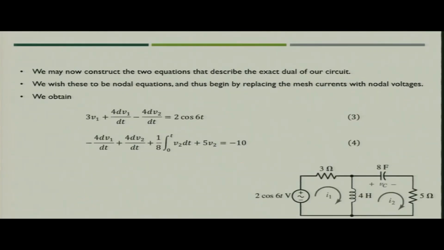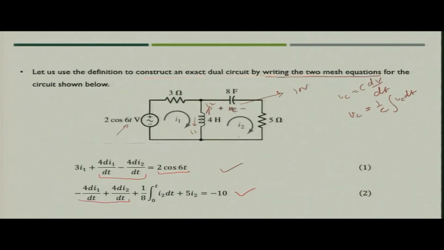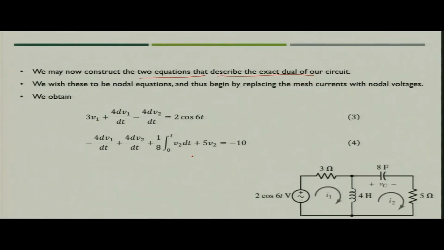Now, what we have to do is construct two equations that describe the exact dual of our circuit. Since the previous equations were mesh equations, the dual of mesh equations are nothing but node equations. So, we have to write the nodal equations.